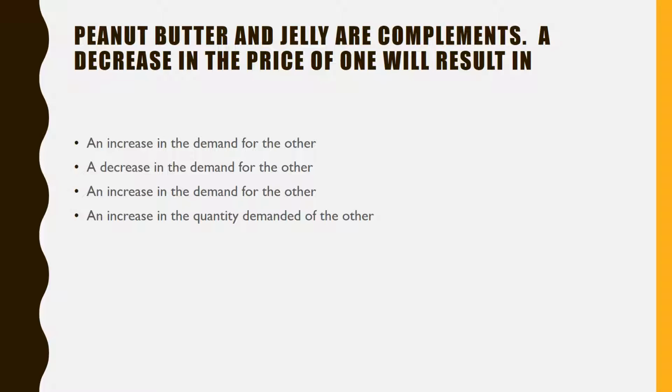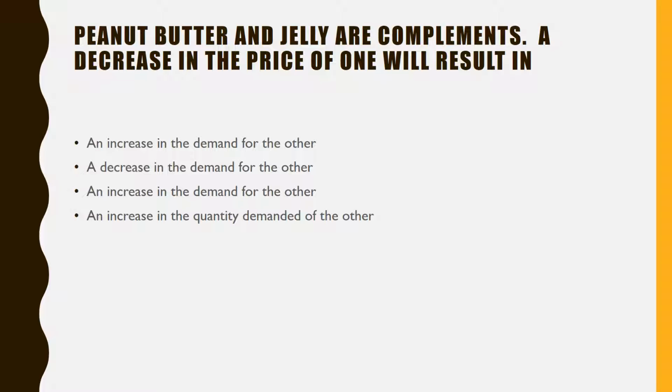Okay, here's another question. Peanut butter and jelly are complements. A decrease in the price of one will create an increase in the demand for the other, a decrease in the demand for the other, an increase in the demand for the other, that is the same answer, and an increase in the quantity demanded of the other.